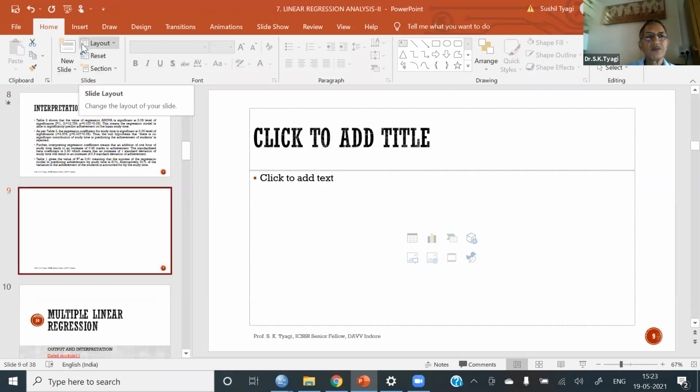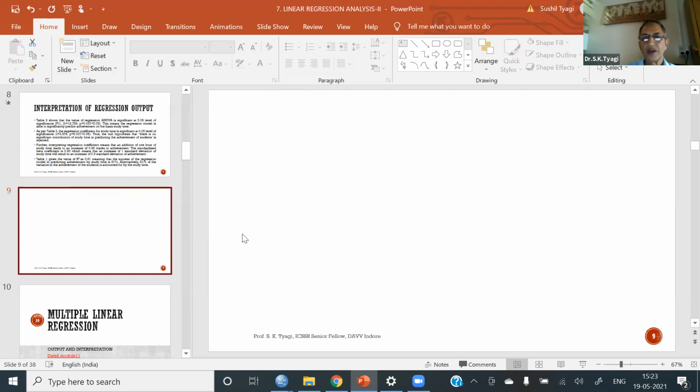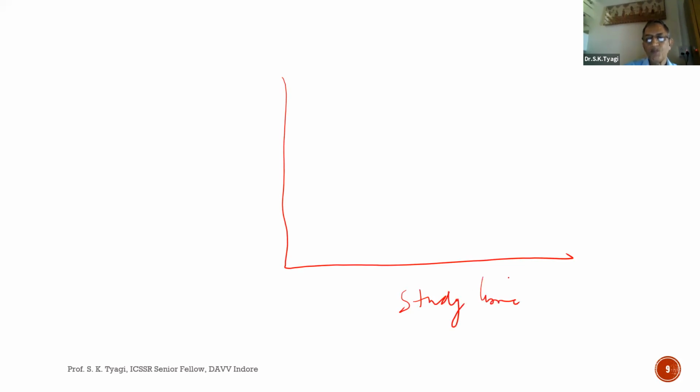Now see, let us try to understand the concept of regression coefficient. Here we have X, study time, and here we have Y, achievement.